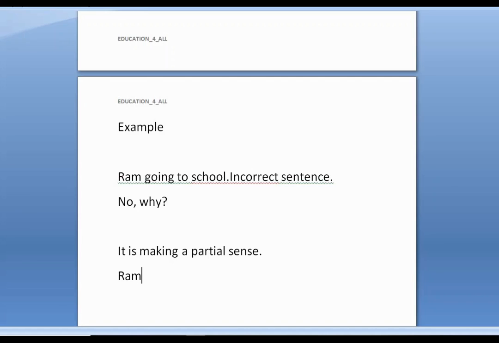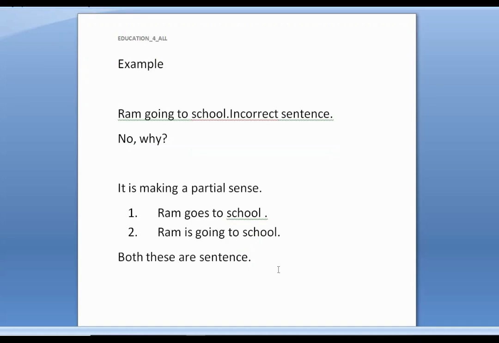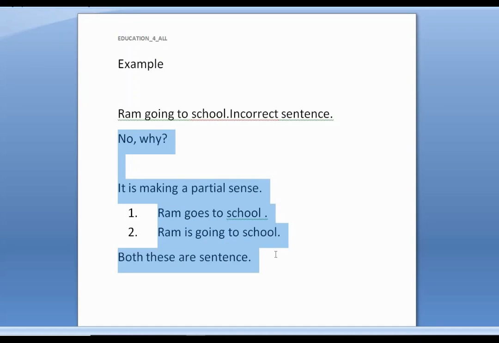To make it a clear sentence, we can say either Ram goes to school, or in the same way, Ram is going to school. Both these sentences make a correct sense. That means both of these are sentences. I hope this makes clear what exactly the meaning of a sentence is.